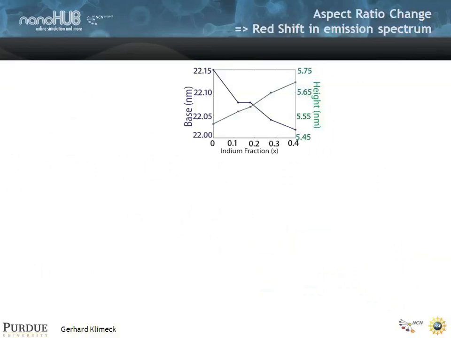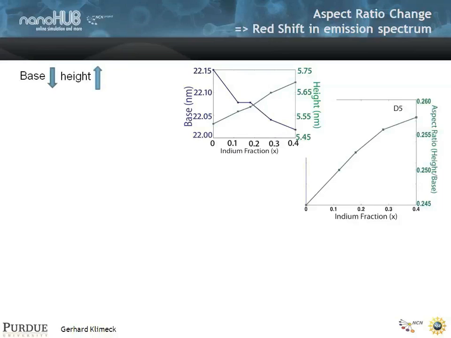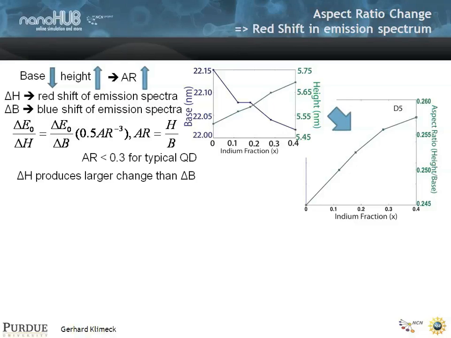And if you put these things together, here was the base and the height variation, here's the corresponding aspect ratio variation. The base goes down, the height goes up, that means the aspect ratio goes up. We have this little analytical formula that we understand now.